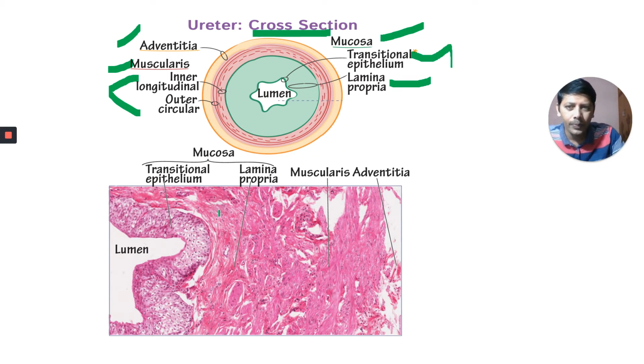You can see the same thing here when you cut some part. This is the lumen where urine flows through, and this part is transitional epithelium, lamina propria, and muscularis, that means smooth muscle, then adventitia. This is the cross section of the ureter.